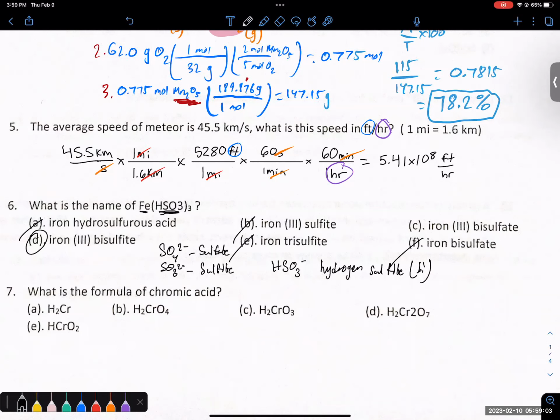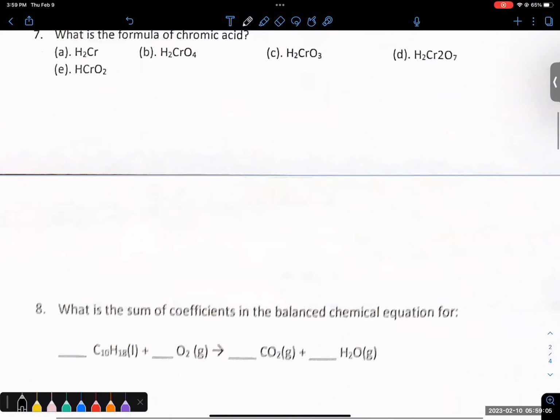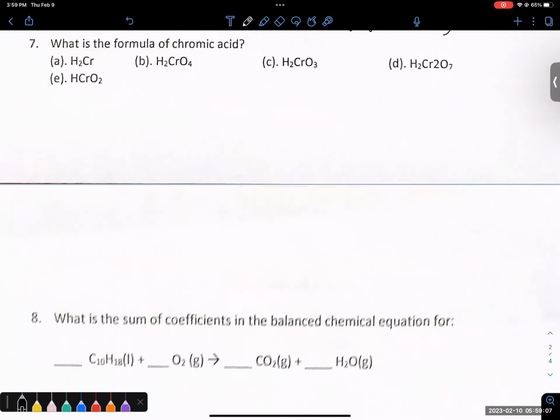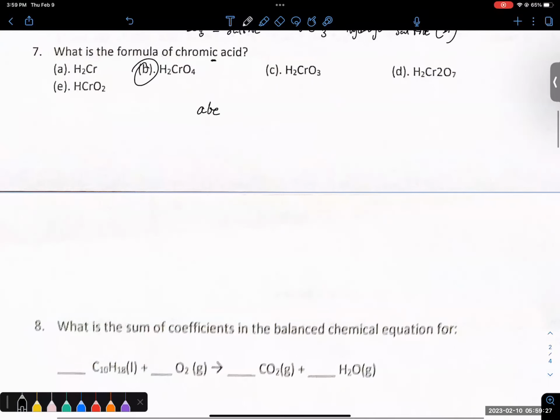All right, what did y'all get for number 7? B, H2CrO4. I, in fact, agree with this answer. Let's go over why. Chromic acid, what does that come from? Yeah, because of the ic. If you have an ic, that means it's an ate ion.